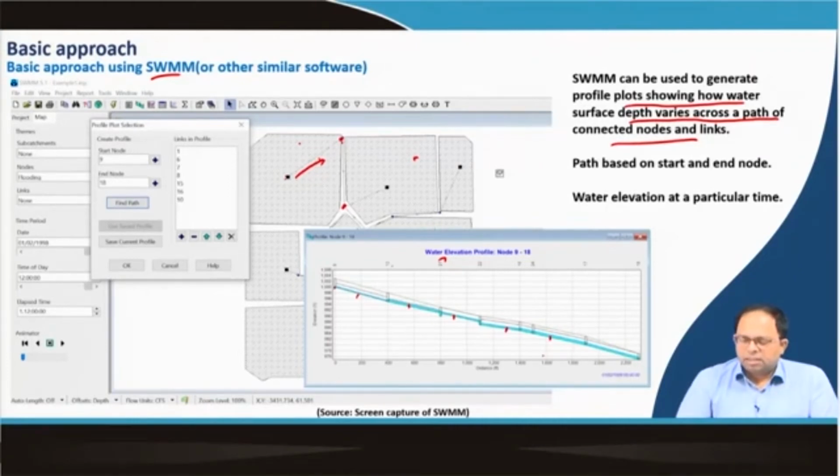And then we will see that wherever there is flooding, the water is reaching the top of that particular manhole, and there is a mention of so much amount of excess water. So, water elevation at a particular time could be determined, right.